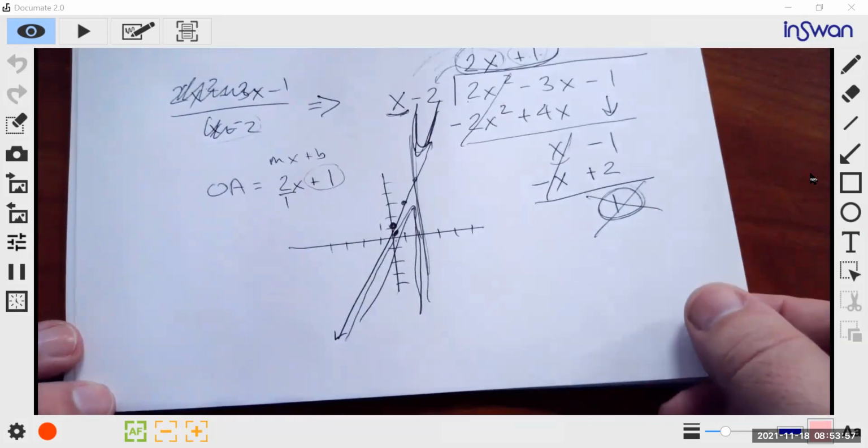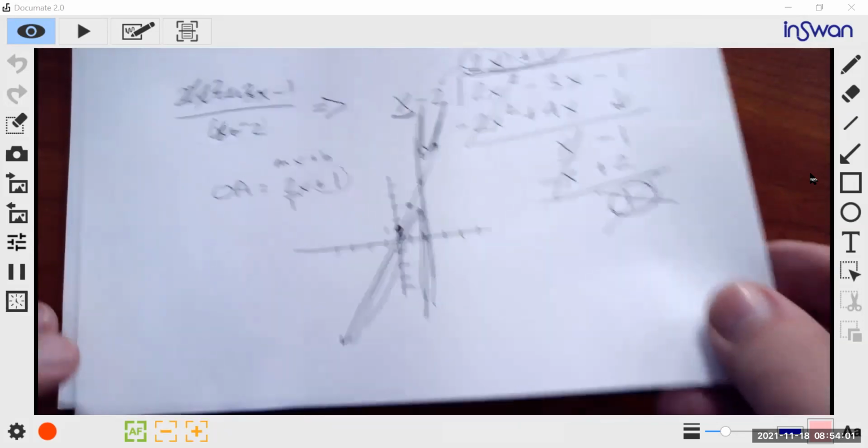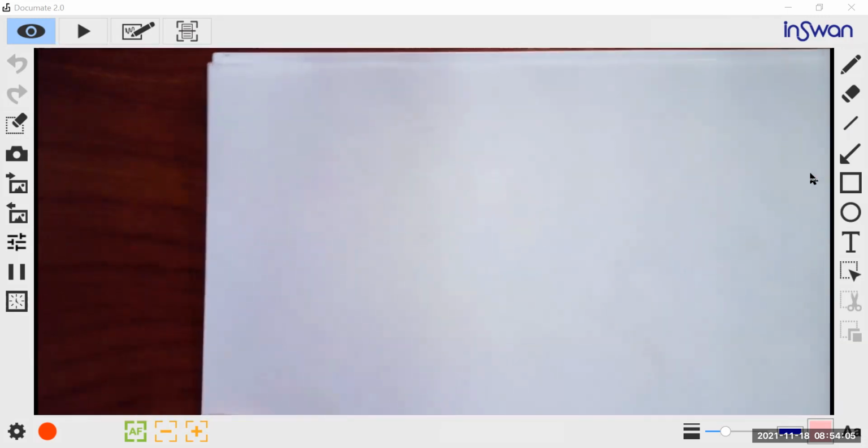Actual graphing comes in the next section. All right, so that does it for section 5. Section 6.